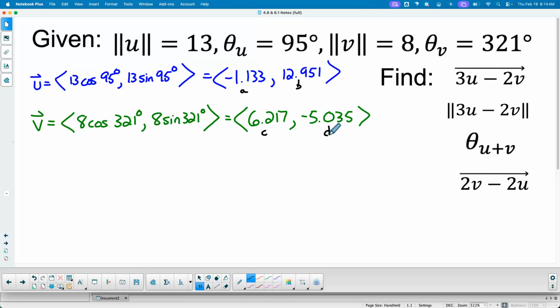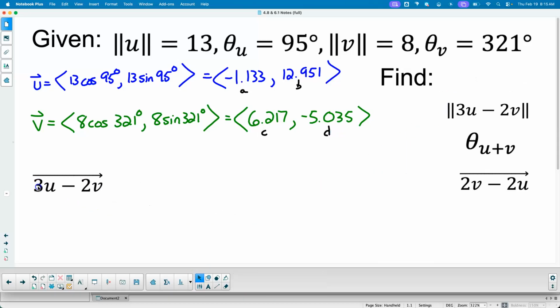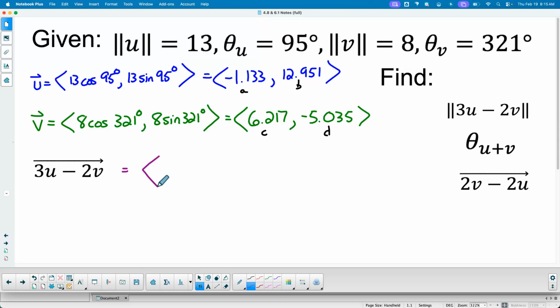Okay? All right? So now we want to find vector 3u minus 2v. So on my calculator, this is going to be 3a minus 2c, comma, 3b minus 2d.